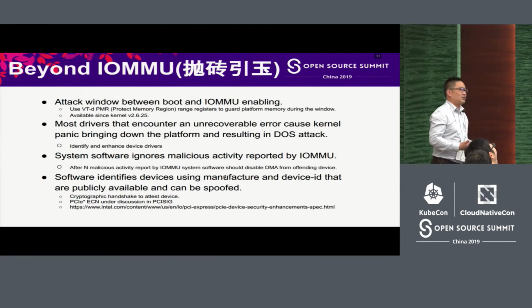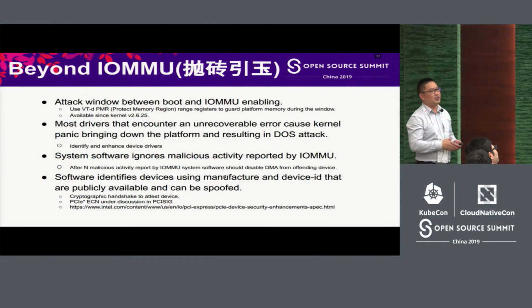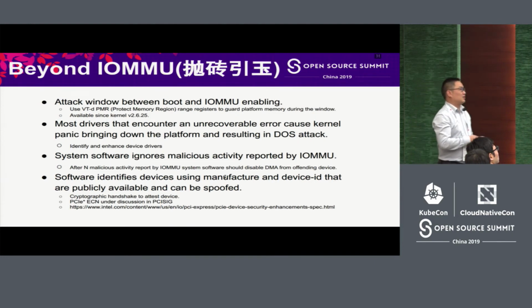There's an issue with the system. So this puts the system into an unpredictable state. We don't think this is a good method. So if you encounter a malicious device, how can we deal with it? So you need to improve the robustness of the driver.